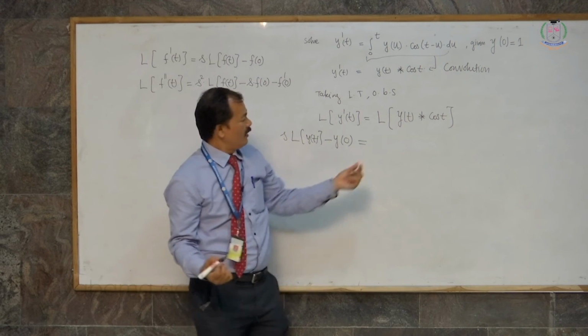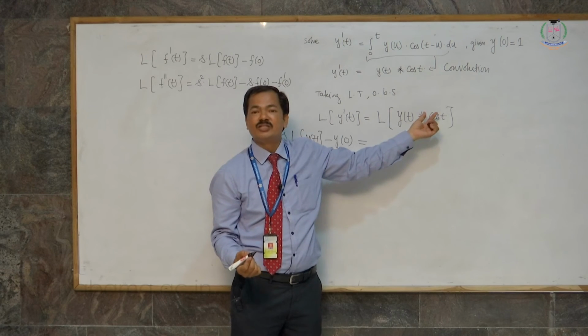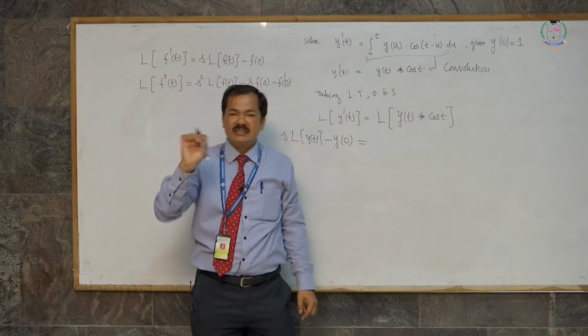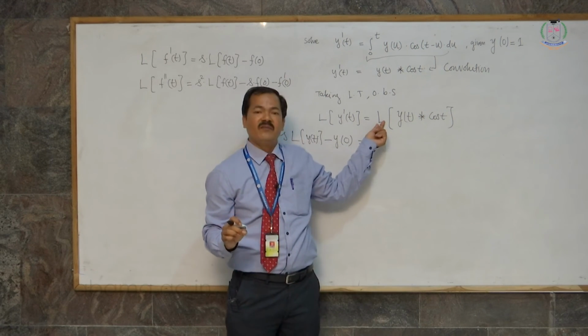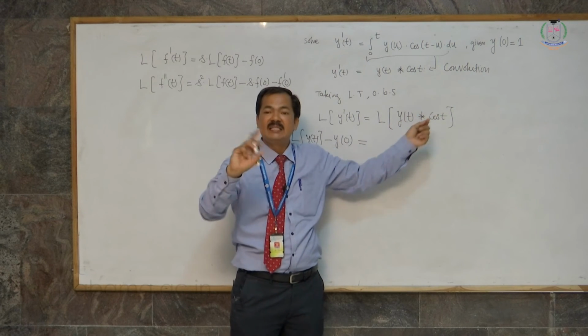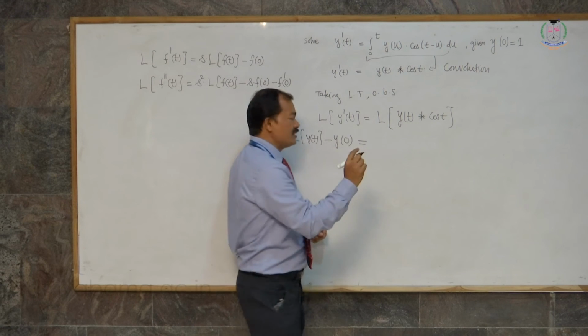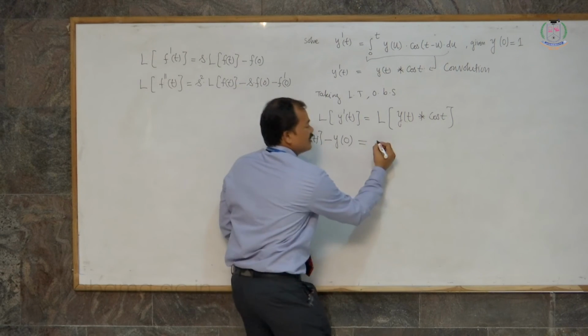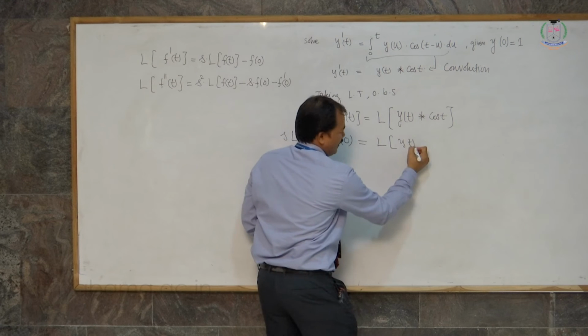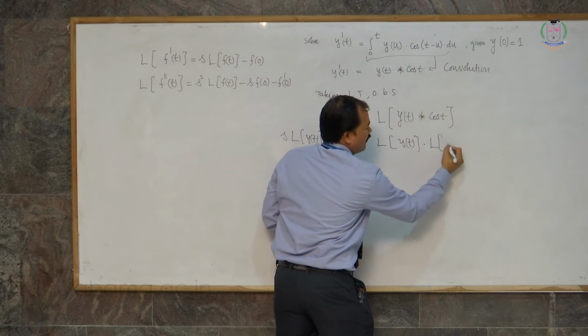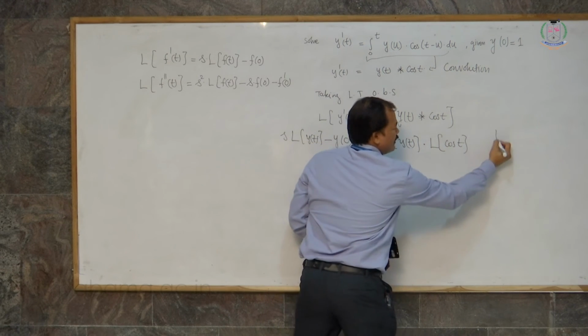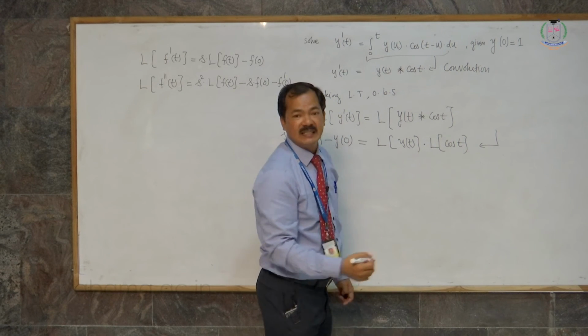That is equivalent to the Laplace transform of the convolution of two functions. The convolution theorem says the Laplace transform of a convolution of two functions is equivalent to the product of their Laplace transforms. By using that convolution theorem, this can be written as L of y of t into L of cos t.